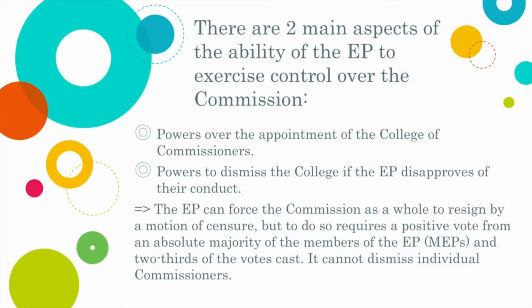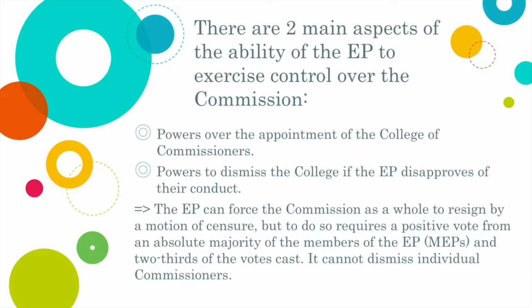Therefore, the European Parliament can force the Commission as a whole to resign by a motion of censure, but to do so requires a positive vote from an absolute majority of the members of the European Parliament and two-thirds of the votes cast. It cannot dismiss individual commissioners.